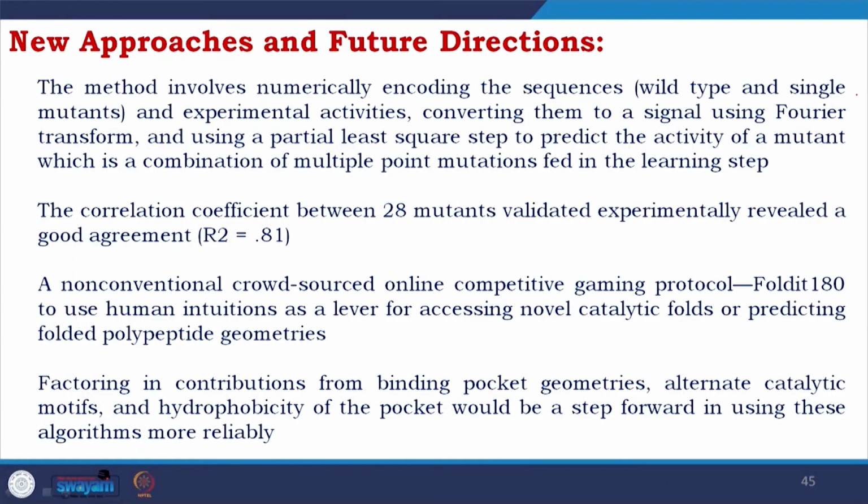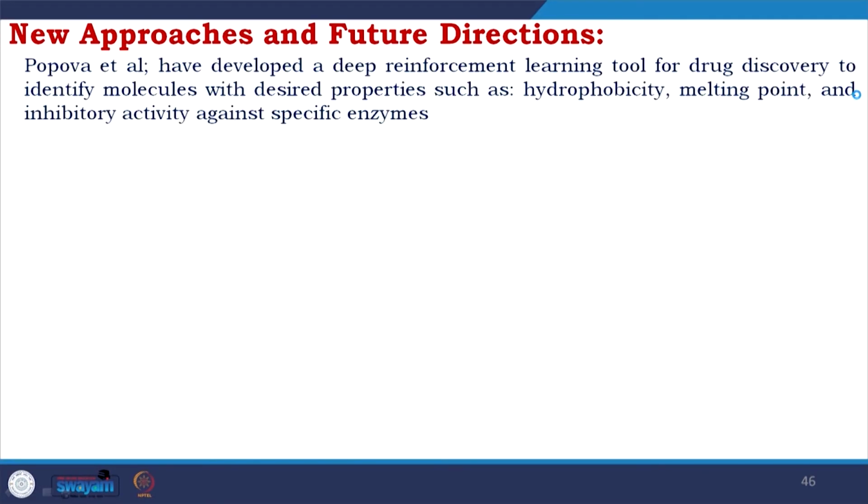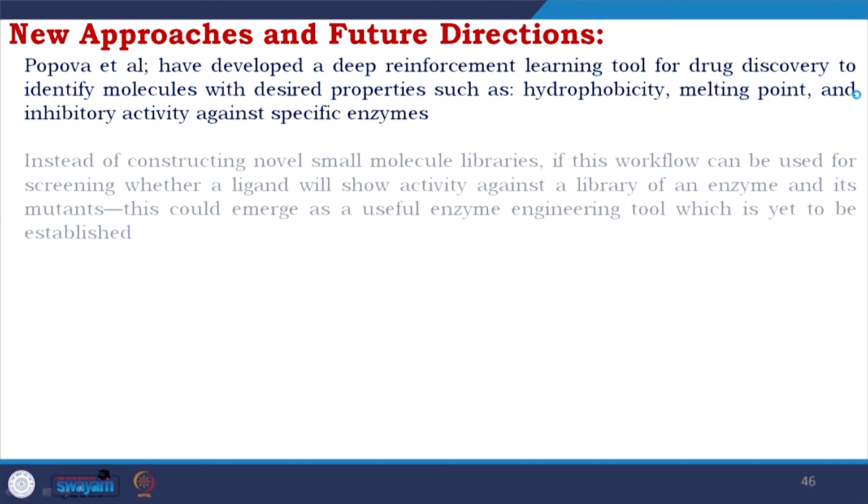Factoring in contribution from binding pocket geometries, alternate catalytic motifs and hydrophobicity of the pocket would be a step forward in using these algorithms more reliably. Popova et al. have developed a deep reinforcement learning tool for drug discovery to identify molecules with desired properties such as hydrophobicity, melting point and inhibitory activity against specific enzymes.